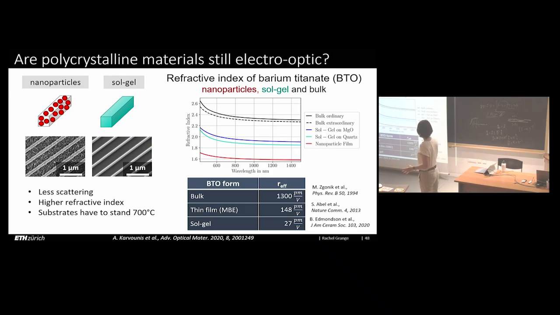Though when you grow it with MBE, the coefficient goes down one order of magnitude. And when you do a sol gel, again the coefficient goes down, but this is the same strength as lithium niobate. So it's not that bad, right? Because most of the modulators that we have now in telecom, in monocrystalline, use this strength of electro-optic effect.